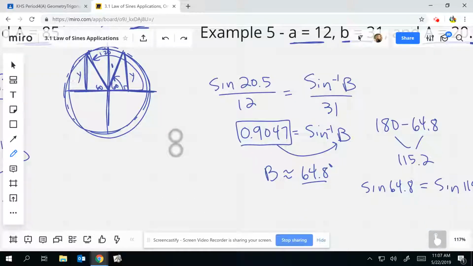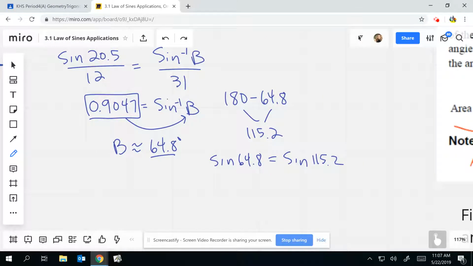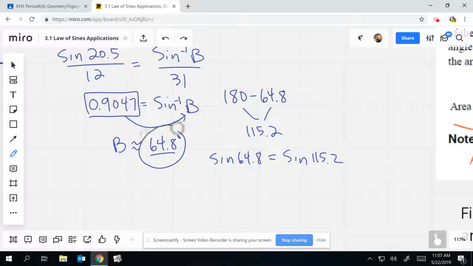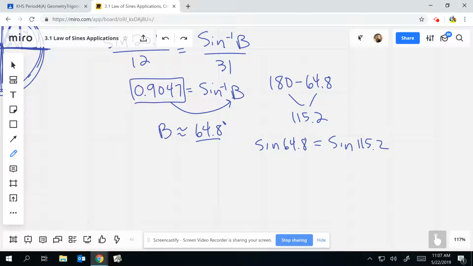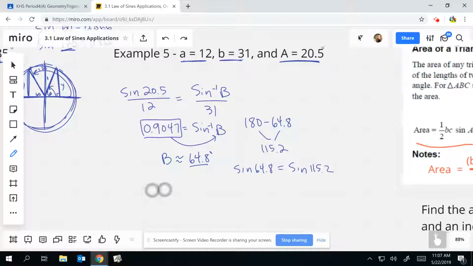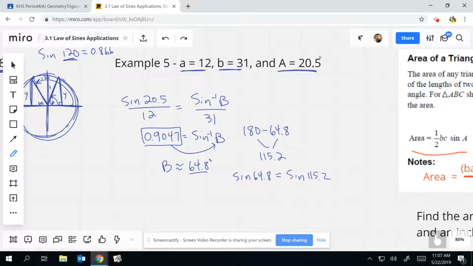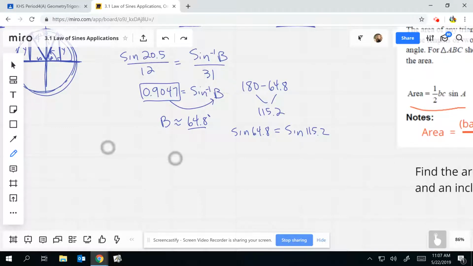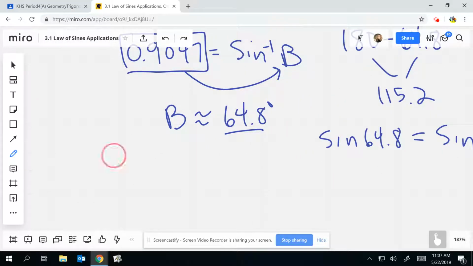That's why these two are the same over here, because we subtracted from 180. One's in quadrant 1, one's in quadrant 2. The calculator likes to give you the one in quadrant 1. That's what they're going to give you. So if I just went with quadrant 1 only, since I have B, I could actually find angle C first, because now I have A and B. So my angle C would be 180 minus the 64.8 minus the 20.5 that angle A was.